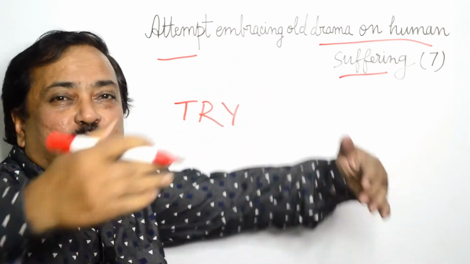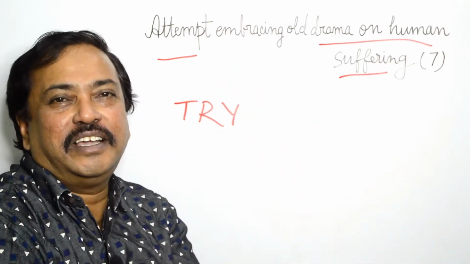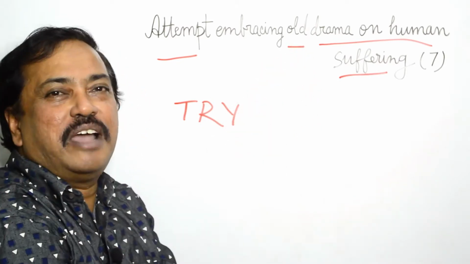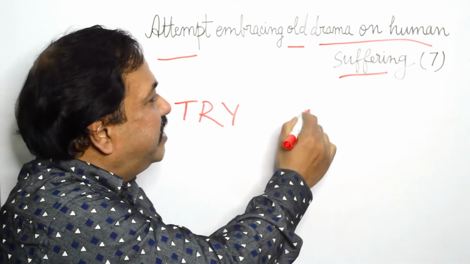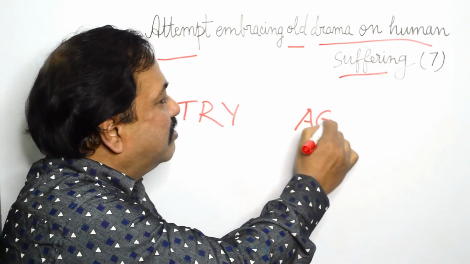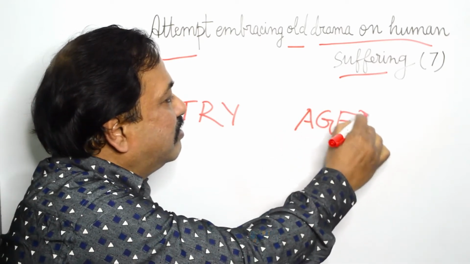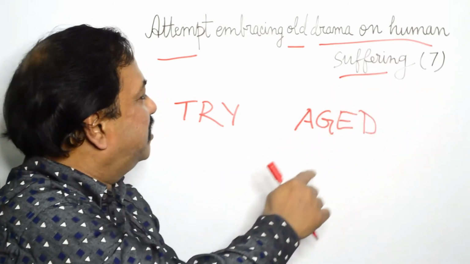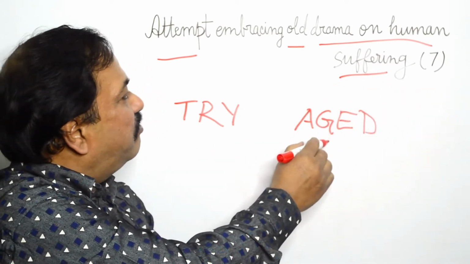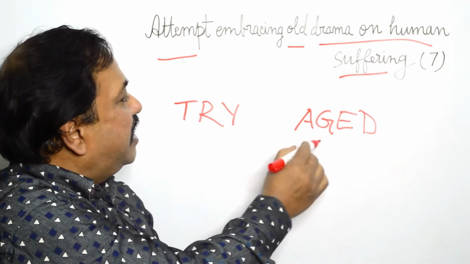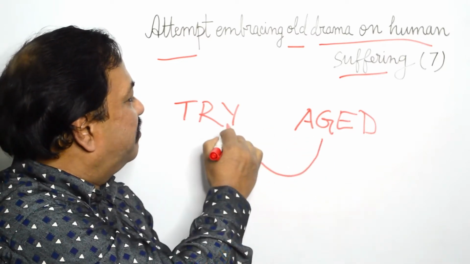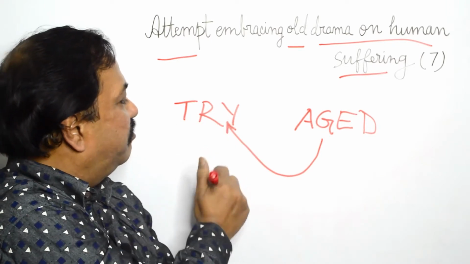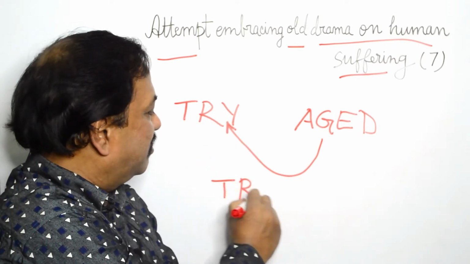And embracing old means taking in its arms the word old. For old, we have a word, AGED. And these two will make a 7-letter word. Now, let's see whether we get tragedy or not. Yes, we see that if we fit this AGED inside, we get the word TRAGEDY.